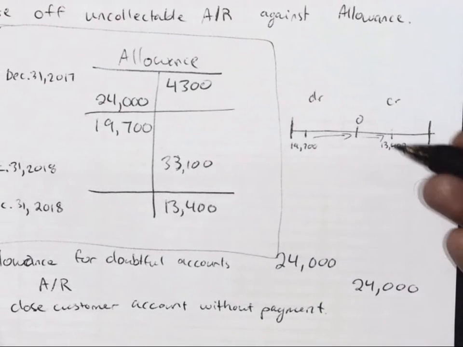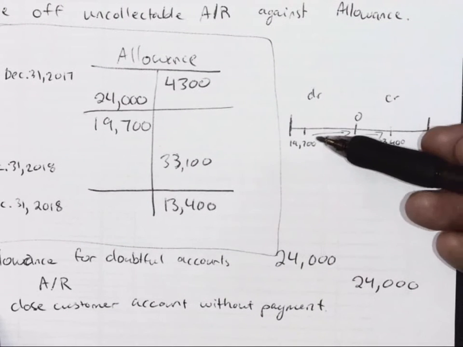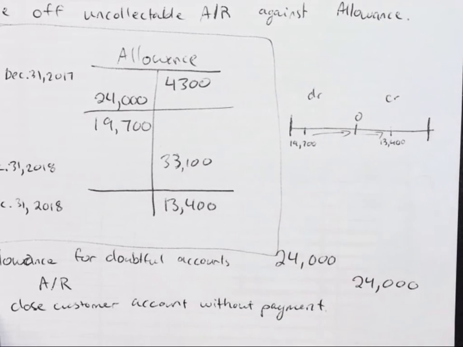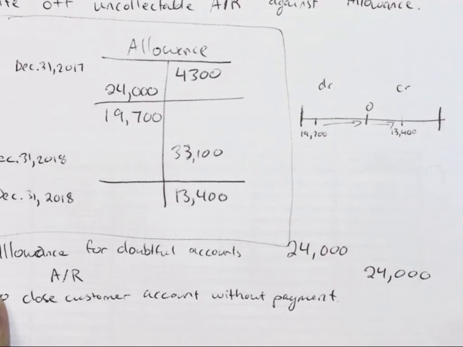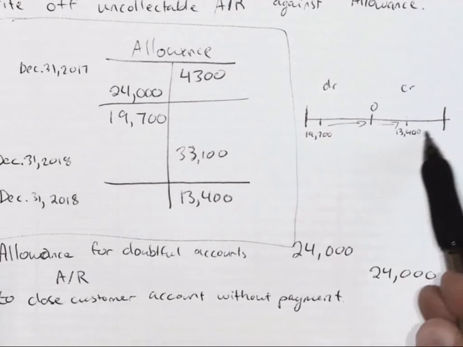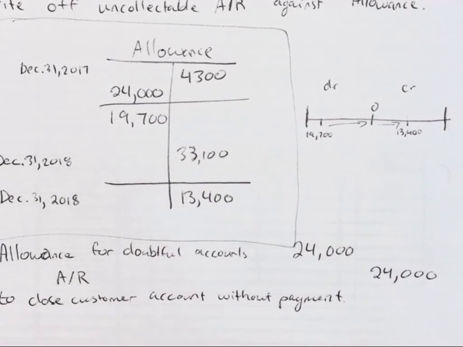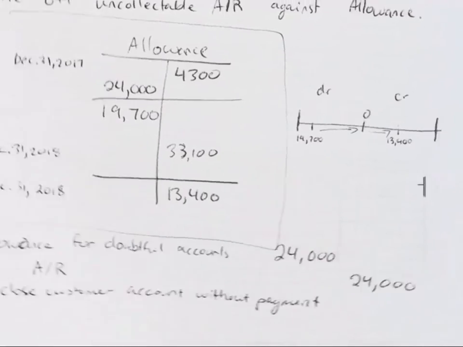So we wouldn't subtract 19,700 from 13,400 because that would only bring us to somewhere over here. Accountants don't normally think of it on a scale, but if you need to think of it like a scale to help you, definitely do that. But in this case, we're going to credit it 33,100.